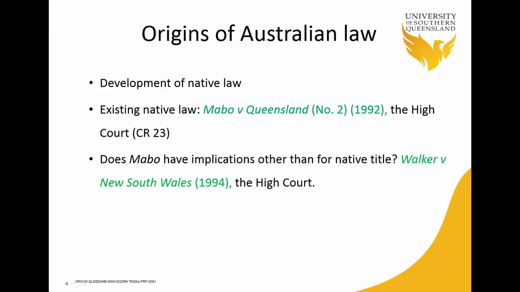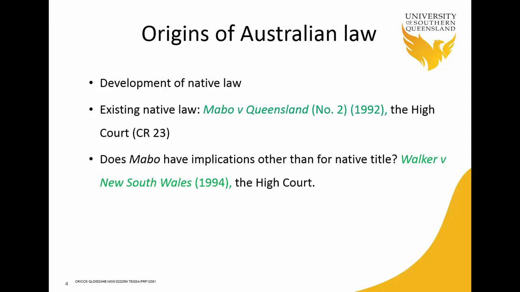In Mabo, the court was very clear now. This is the High Court of Australia, because by then the High Court of Australia had replaced the Privy Council as the highest court in the land.